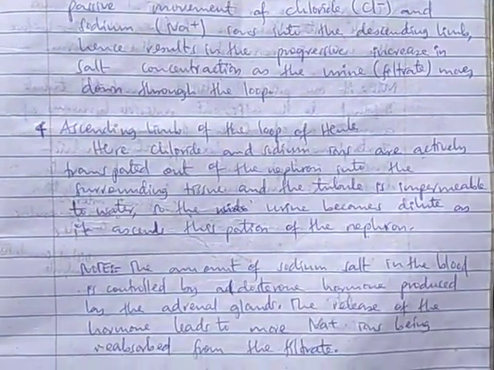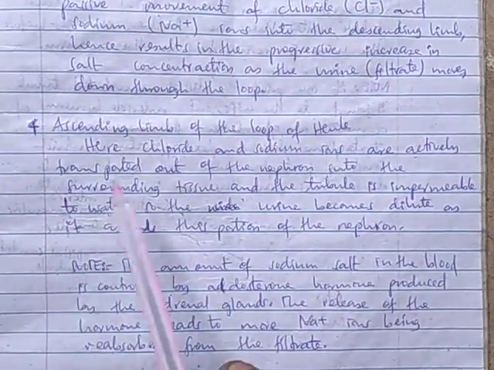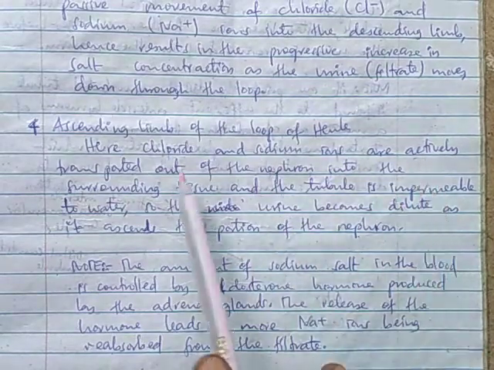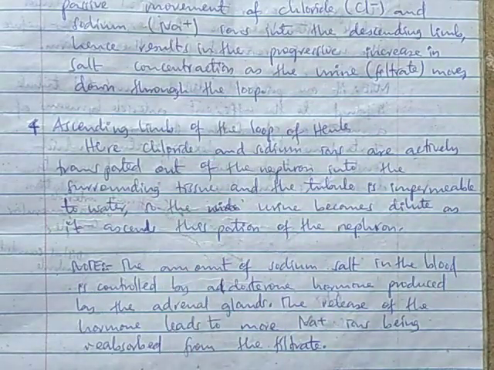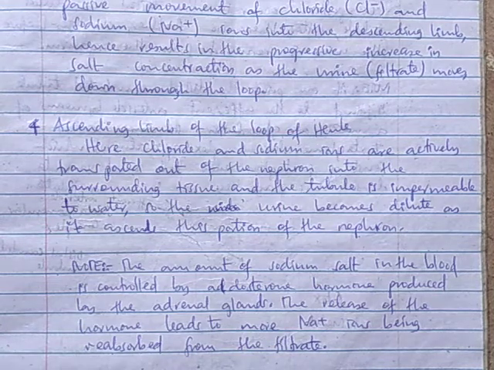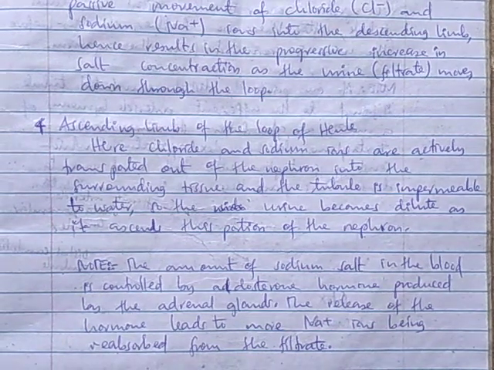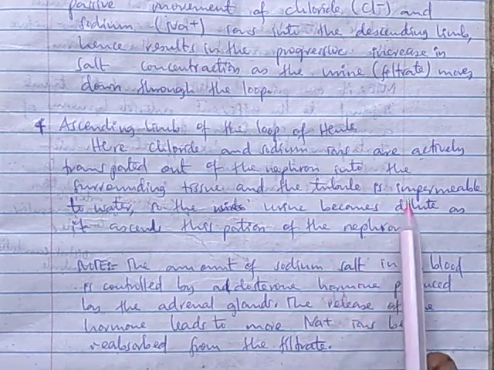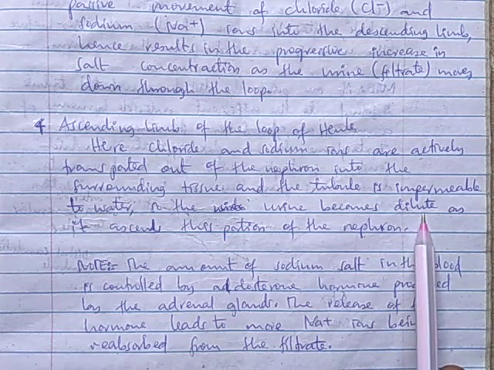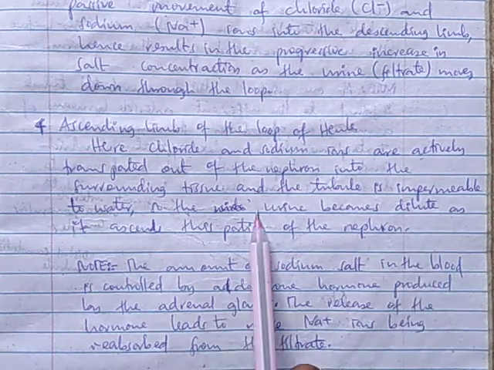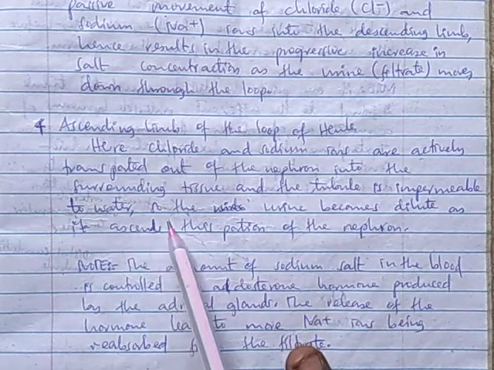Number 4 is about ascending limb of the loop of Henle. Here, chloride and sodium ions are actively transported out of the nephron. Actively transported, maana hii ni active transport inatumia energy. Out of the nephron into the surrounding tissue, and the tubule is impermeable to water.